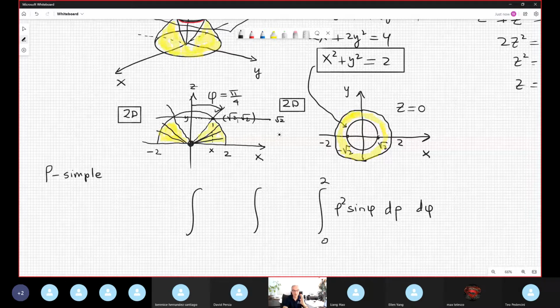Phi. Remember, phi is the angle measured from the z-axis. So phi equals 0 is here. Phi pi over 4 is this. On the x-axis is phi equal pi over 2. And why not move to the other quadrant?